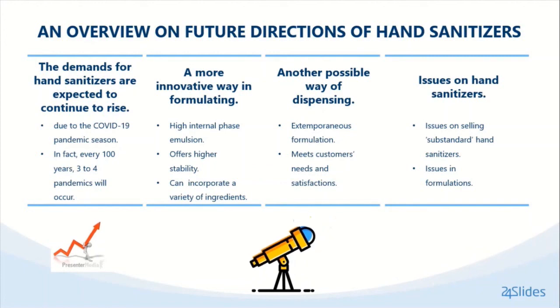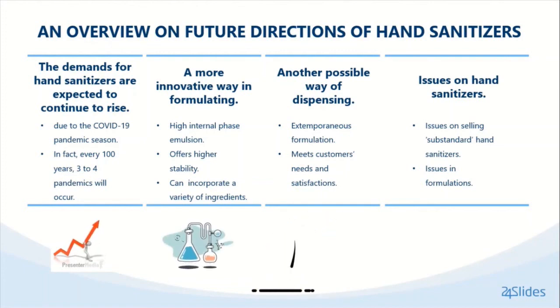Thus, the demand is less likely to decrease. It will reach the peak when there is a pandemic of disease caused by contact transmission, and thus hand sanitizing is important here. Besides, a more innovative way of formulating hand sanitizer should be established in future.